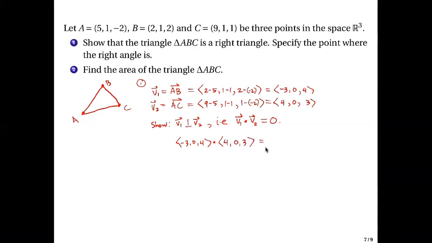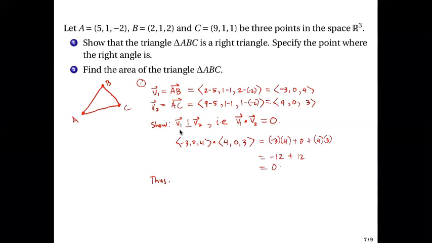So if we calculate the dot product, this is just negative 3 times 4 plus 0 plus 4 times 3. And clearly, we see that this is negative 12 plus 12, and this is equal to 0. So indeed, V1 and V2 are perpendicular.